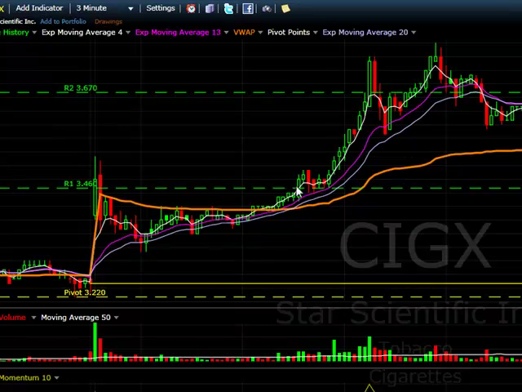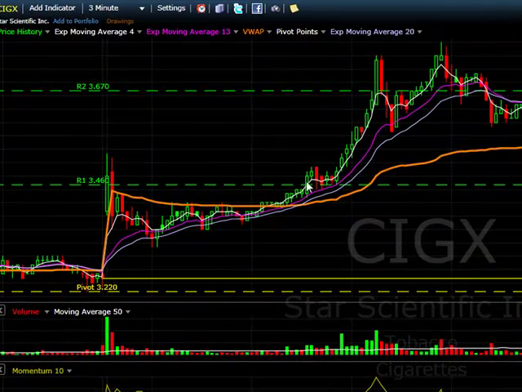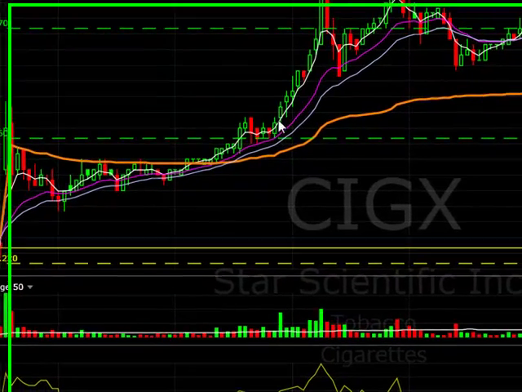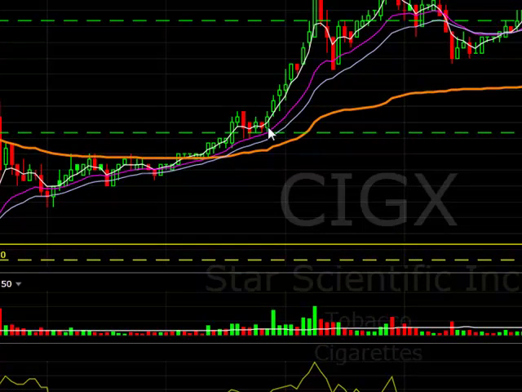Because if you're basing it just on the R's, you're noticing that you're failing the R, chopping at the R, and there's no conviction here. But we finally got the strong bounce.